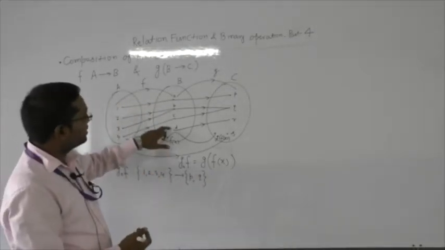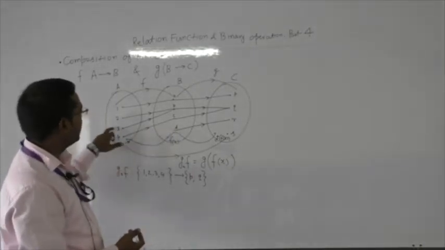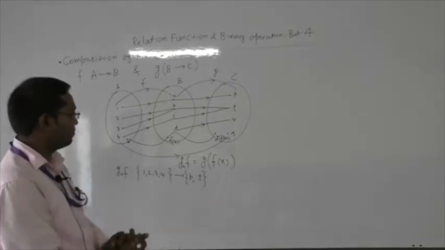Here we will not consider this element d. Why? Because we don't have any pre-image for d in this A. So this will be our g of f.